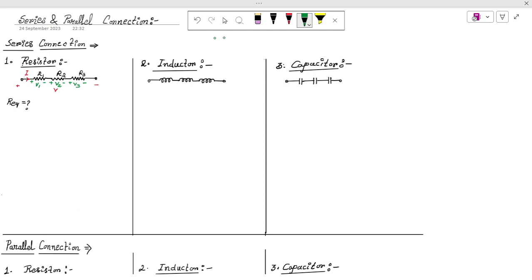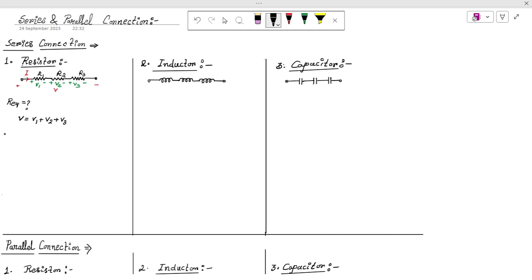Here we see the total voltage applied to the circuit is V, which is the summation of V1 plus V2 plus V3.